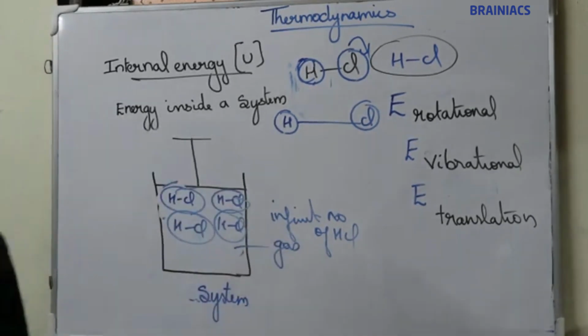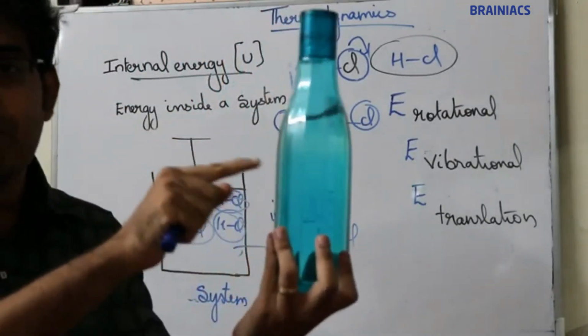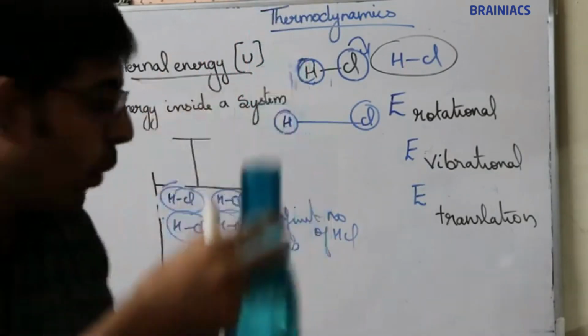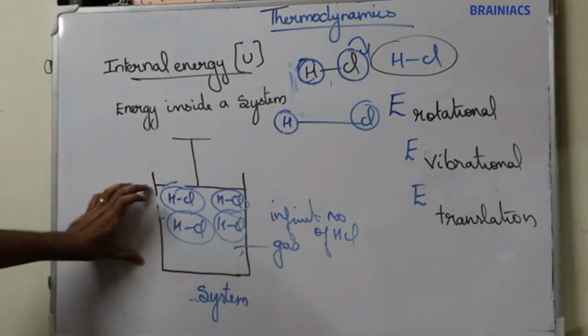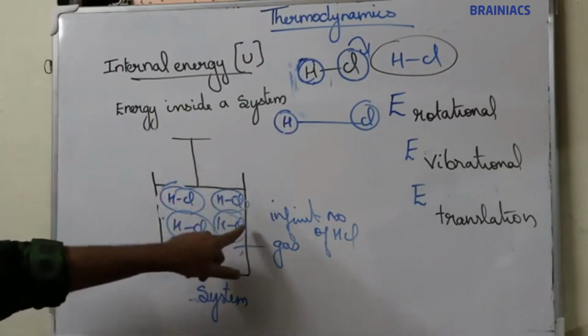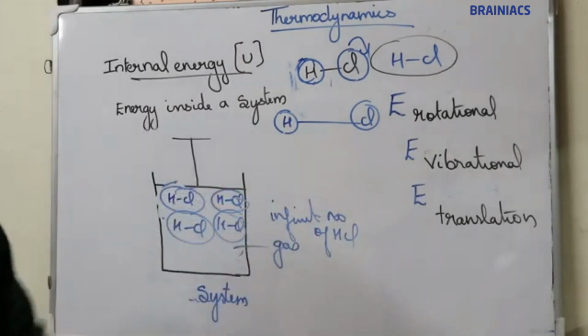For example, if you consider this as our system, it consists of a large number of water molecules. Likewise, this HCl system consists of a large number of HCl molecules. A single HCl molecule can possess rotational energy, vibrational energy, and translation energy.